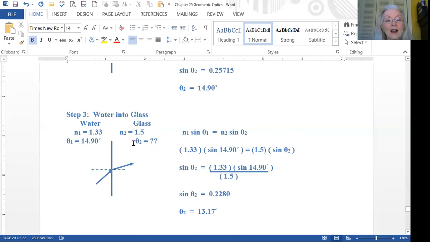Glass, it's 1.5, and we need to know the angle. So again, it's just Snell's law. N1 sine theta 1 is equal to N2 sine theta 2. We plug in our numbers, we do the math, we end up with 13.17 degrees. That would be this angle, the angle that we're in the glass, and it's the angle we exit the glass on one side.